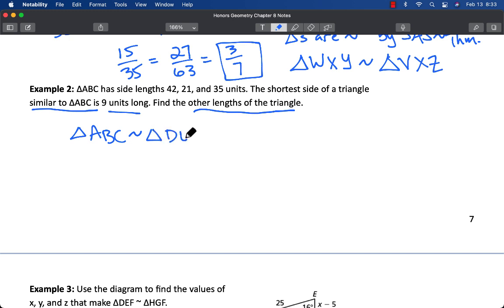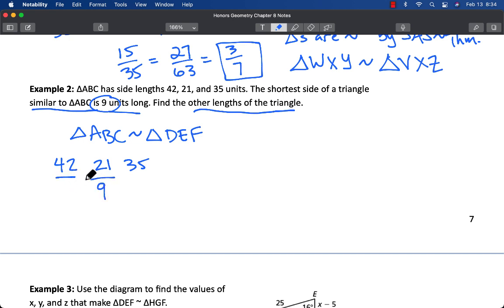We'll just call it DEF, even though we're not given the letters. We know the side lengths of ABC are 42, 21, and 35. We're told that the shortest side of the other triangle is 9, so we need to match that up with the shortest side of ABC, which is 21.